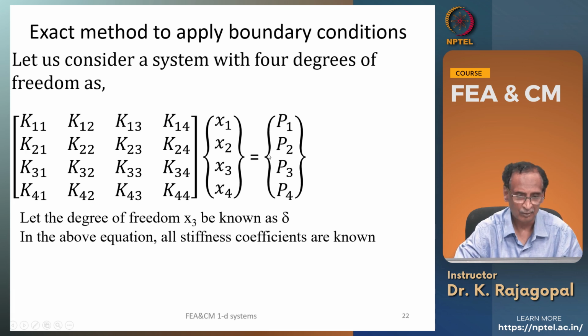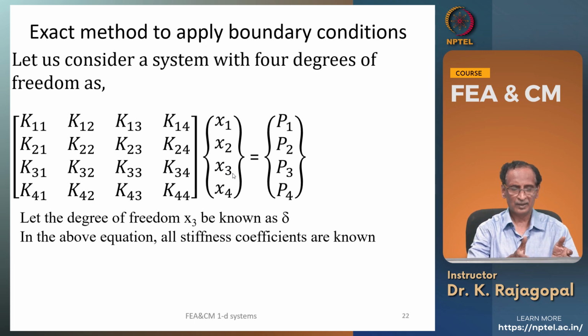So, this also we know, but the only unknowns are x1, x2, x3 and x4. Out of this, x3 is known. So, we can modify this system of equations and send all the known quantities to the right hand side, so that we are left with only the unknown quantities on the left hand side.